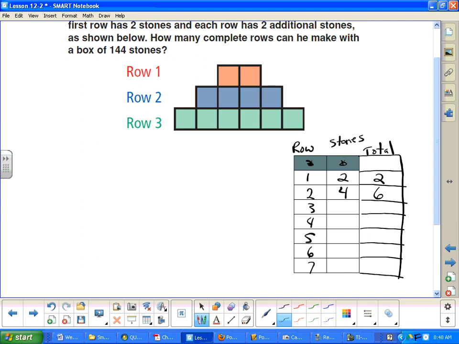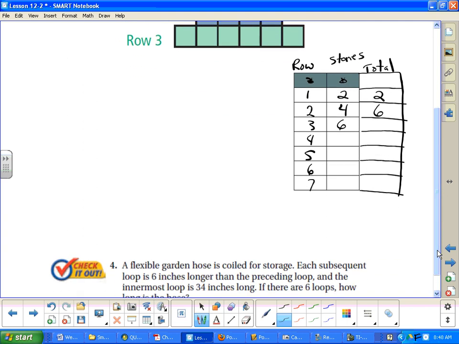Okay. So what does it look like? It looks like each time they're adding 2 stones, right? So what I'm going to do is keep a running total. As I'm adding rows, I'm just going to keep adding, keep a running total until I get to the point where I have the amount I want.